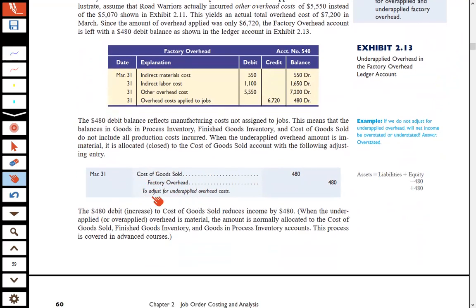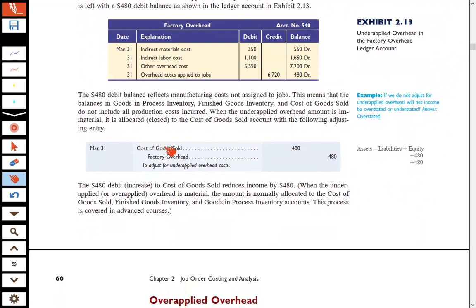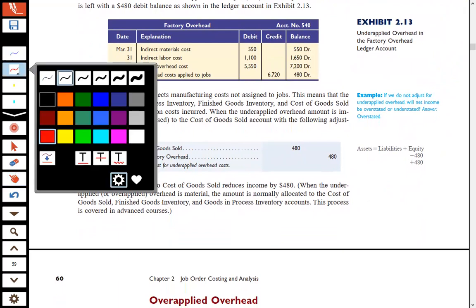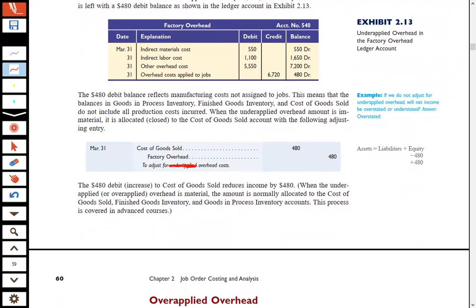Can you tell me which case this is? Over applied or under applied? So cost of goods sold is being debited and the factory overhead is being credited. Cost of goods sold being debited means cost is increasing.